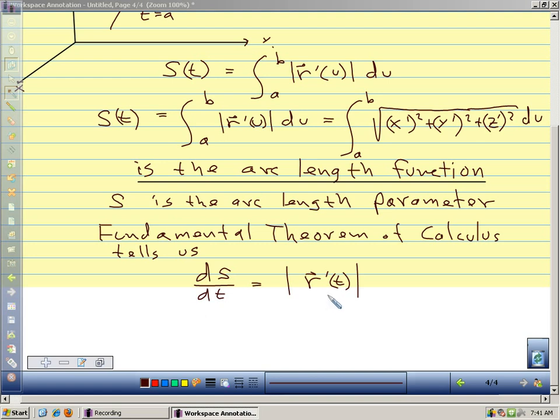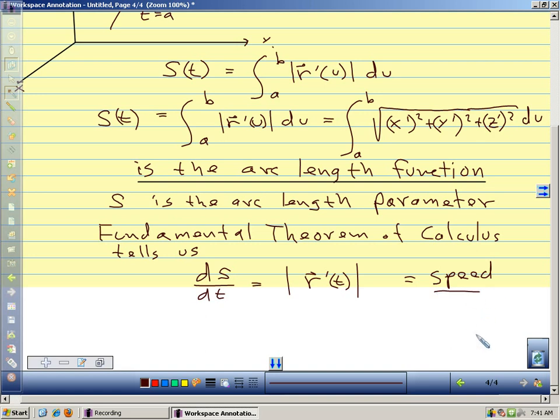How did we interpret that in terms of speed? The derivative of the arc length with respect to time gives us the speed of the particle traveling along that curve. So this is the speed, if we're thinking about this as motion in space.